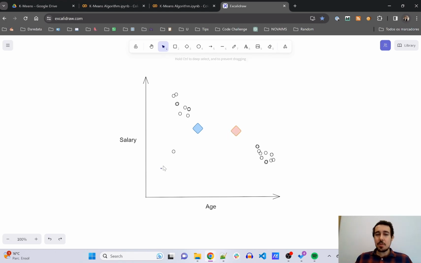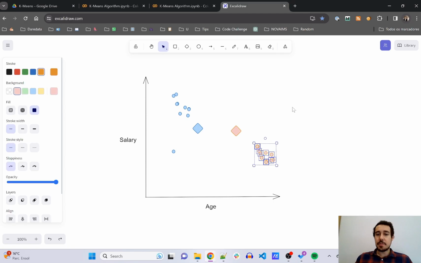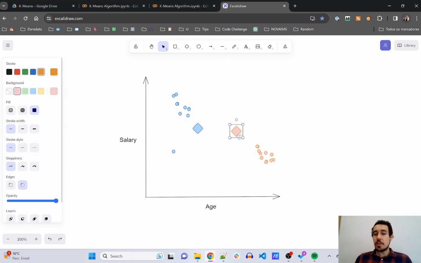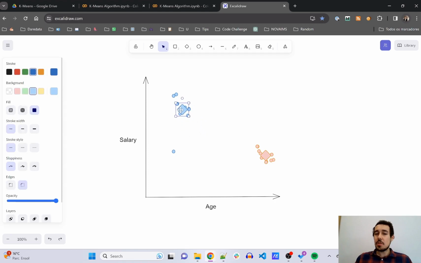And by doing that, we'll know that all these data points will belong to the blue, and all these data points will belong to the orange. So simple as that. And now, as you can see, we can move the centroids again to the center of the data points. Now, this one will unambiguously come here, and it will be the centroid that represents all these data points, but this one will not be here. It will be a bit below, probably here, because of the outlier.